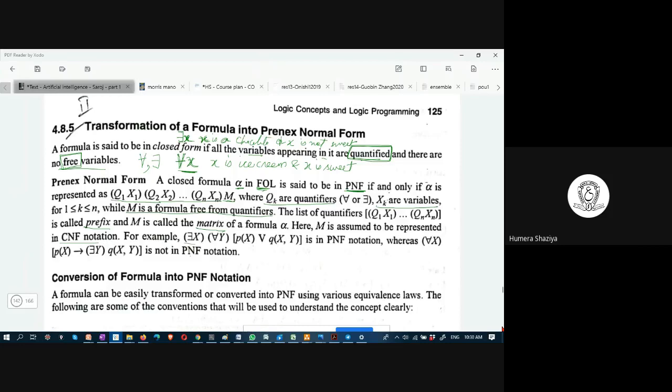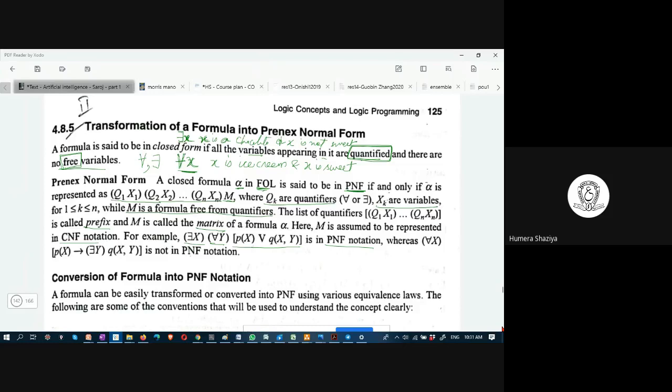For example, there exists X for all Y, P of X or Q of X comma Y. This is in PNF notation. What is PNF notation? Prenex normal form. And how do you write formulas in PNF notation? You have two parts. The first one corresponds to the quantified variables and the second one to the formula. The formula must be in CNF form.